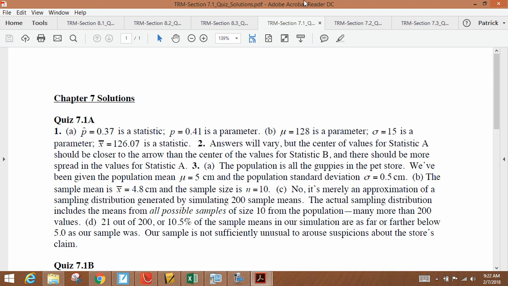So our margin of error is... our standard deviation here is going to be sigma.